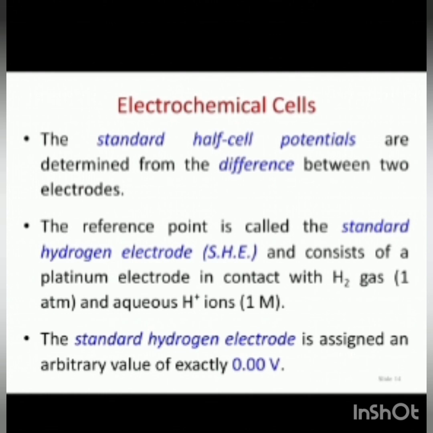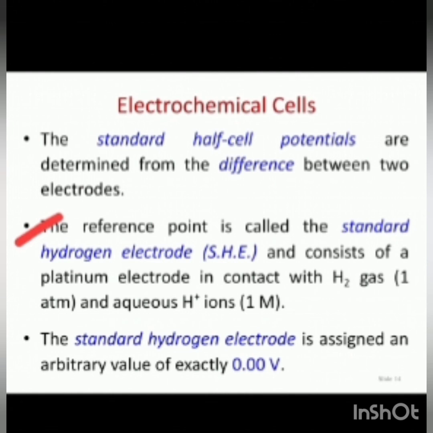And standard cell potential: the potential difference between two half cells under standard conditions is called standard cell potential. Now, the reference point is called the standard hydrogen electrode, SHE, and consists of a platinum electrode in contact with hydrogen gas.